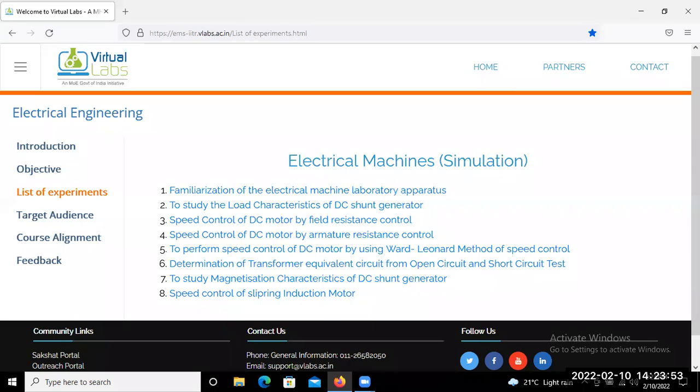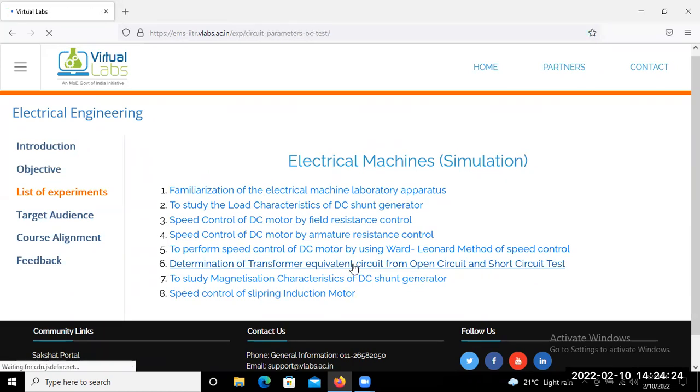But today we will perform these tests with the help of simulation, showing how the experiment can be done physically in the laboratory. So today we are going to do this experiment. You may find various types of experiments here with the help of simulation. Today we are going to discuss the determination of the transformer equivalent circuit from the open circuit and short circuit test.